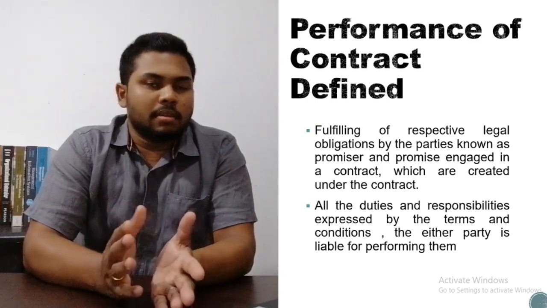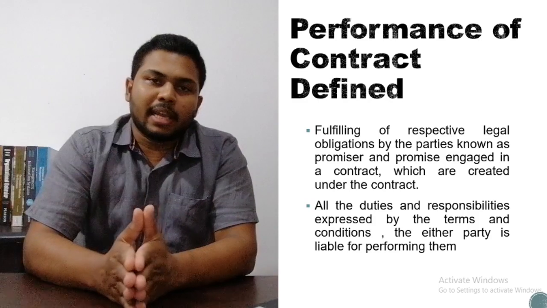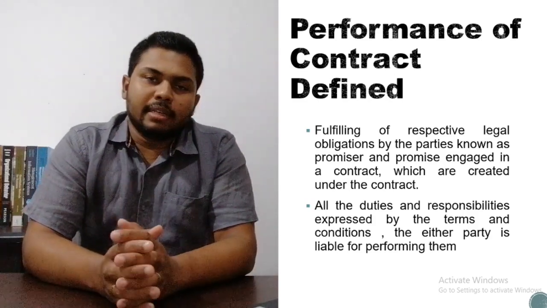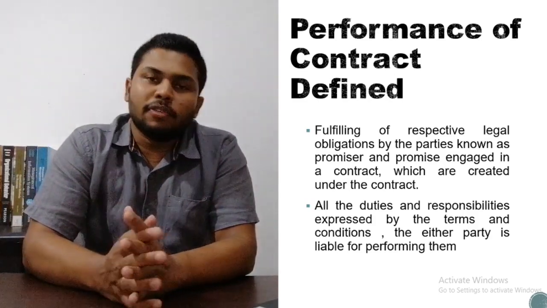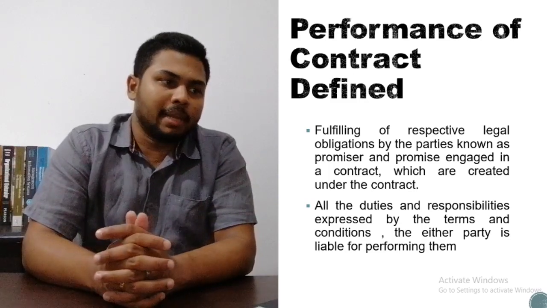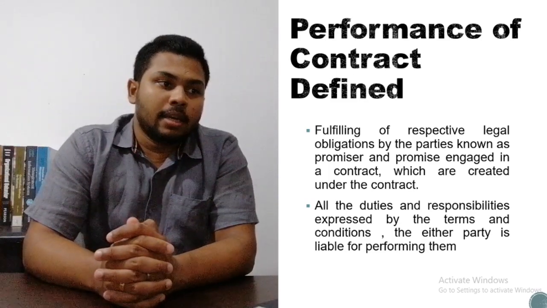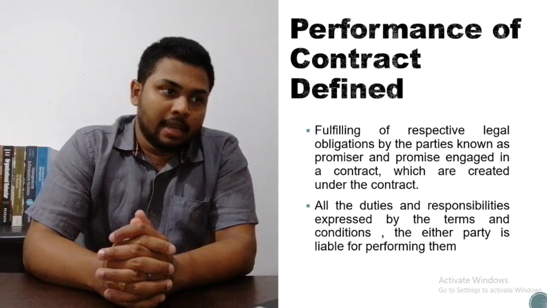Very basically, we can define the performance of the contract as the fulfillment of respective legal obligations created under the contract by the parties known as the promisor and promisee.